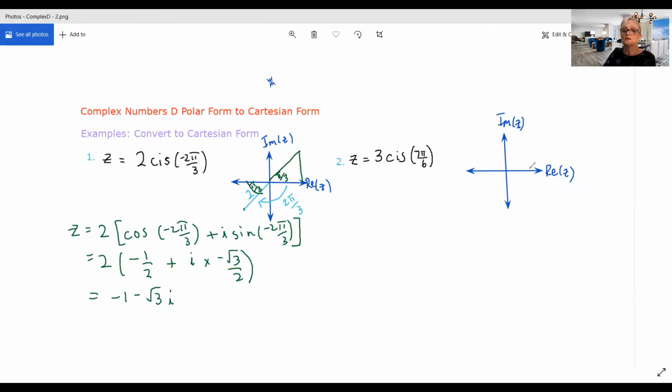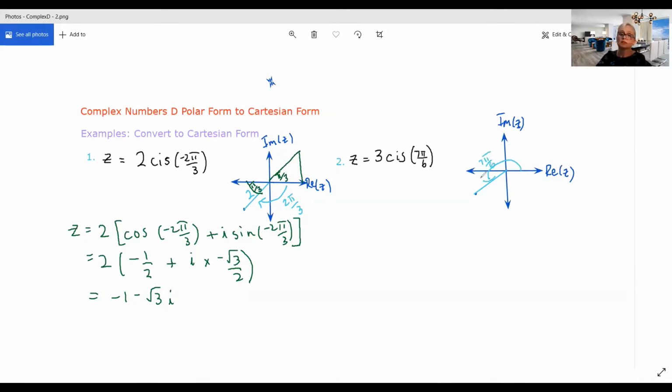Okay, 7 pi on 6 is here somewhere, isn't it? So let's put in our line. And our angle is going to be all the way around here is 7 pi on 6.